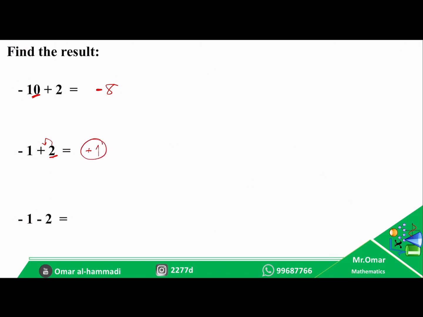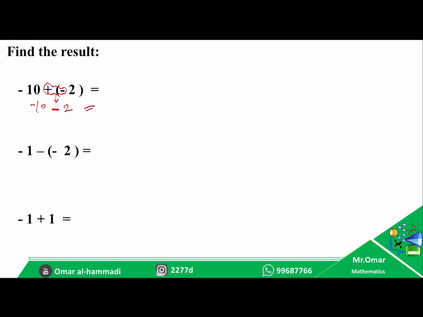The larger number is 2. The sign of 2 is what? Plus, or positive. So the result will be positive. So 2 minus 1 is 1. And here we have minus and minus, so the result will be minus. Minus 1 minus 2 will give us minus 3. Great.